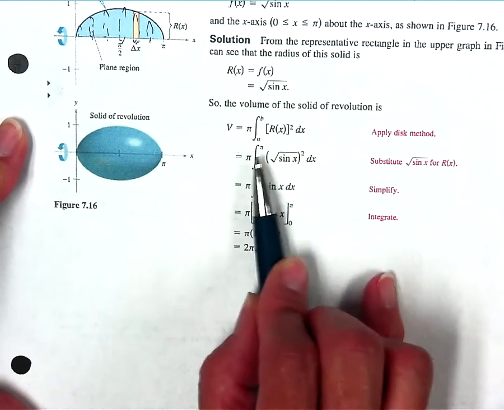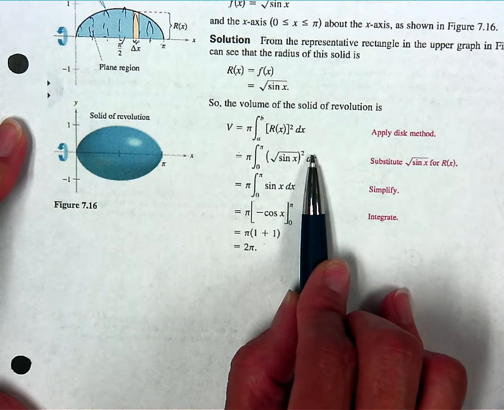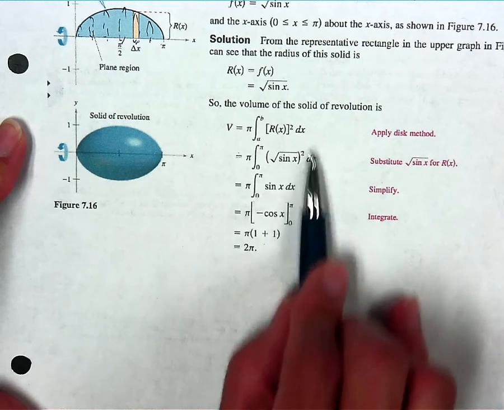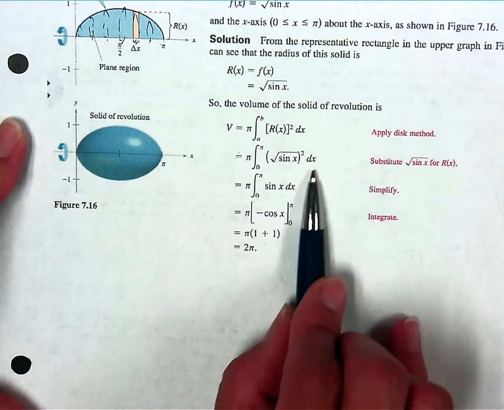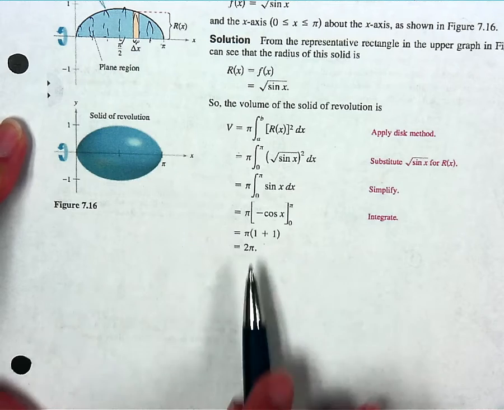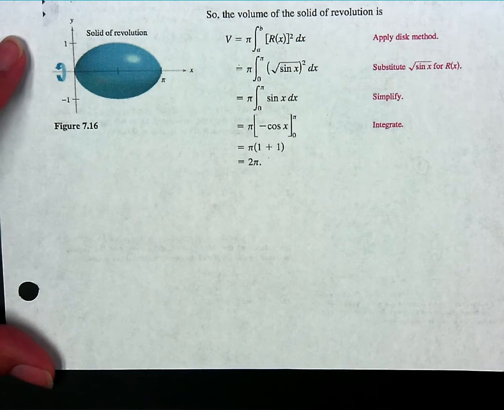So I integrate from 0 to pi of that radius squared. The integral symbol adds up infinitely many discs, the surface area of infinitely many discs, and times pi would give you the volume of that solid. Okay? All right. How many can we do?